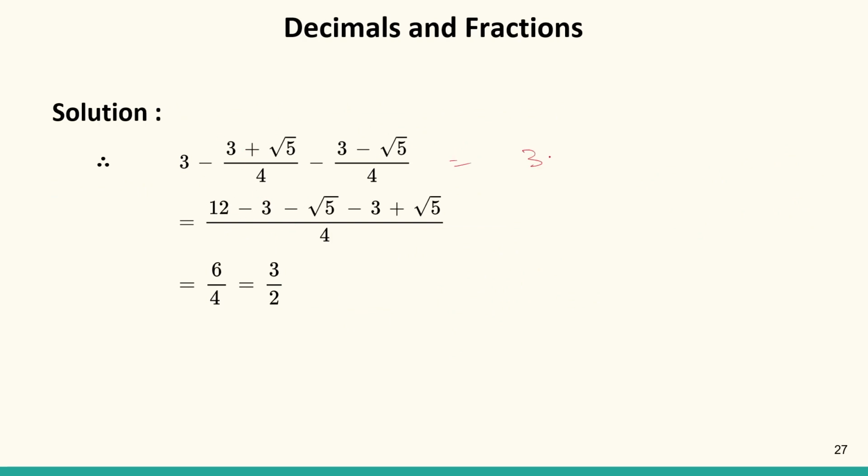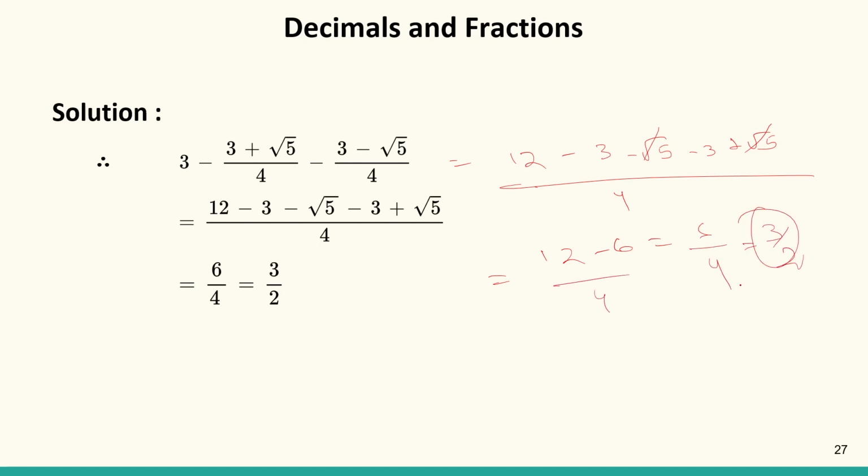Let's solve this. 3 minus 3 times a minus square root of 5, this will be 12, then since we have a negative down here, minus 3 plus root 5. Root 5 cancels out, and 4 is here. 12 minus 6 is equal to 6 by 4, so 3 by 2 in simplified form. This is the final answer.